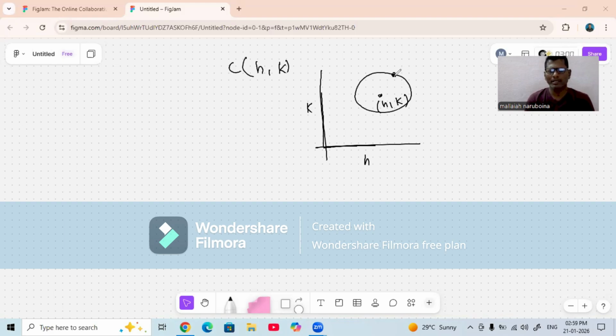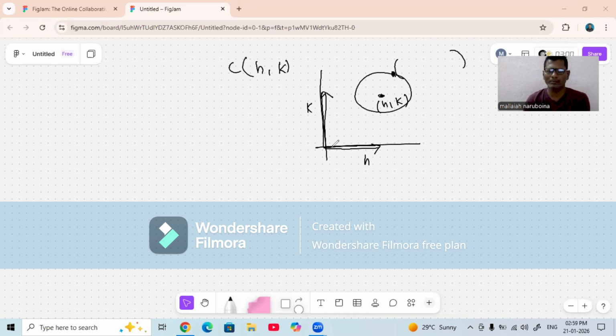Now this point on the circumference will become, earlier A cos theta, A sin theta were the coordinates when the center is the origin. Now the center is shifted to h comma k, that means h units along the x axis and k units along the y axis from the origin.